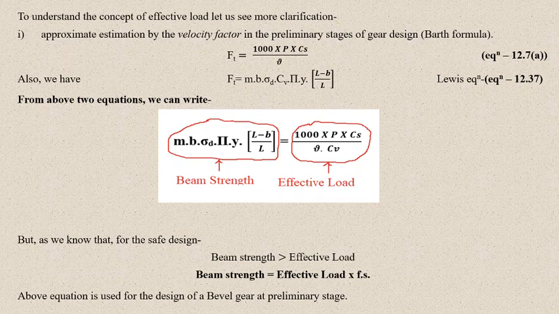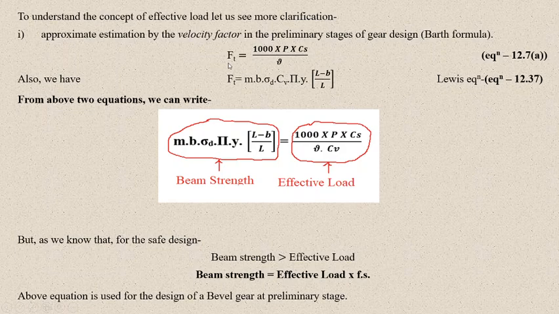To understand the concept of effective load, let us see more clarification. As I told you in my previous slides, there are two stages. The first gives the approximate estimation, and the second gives the precise calculation as far as the design of bevel gear is concerned.